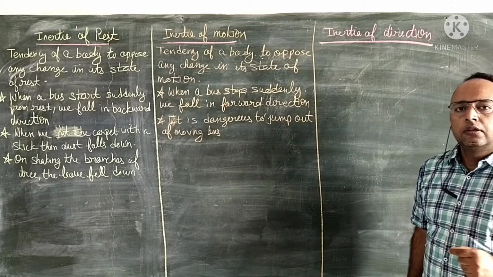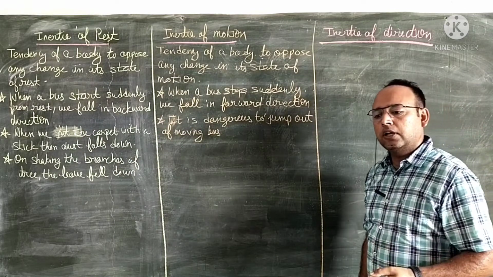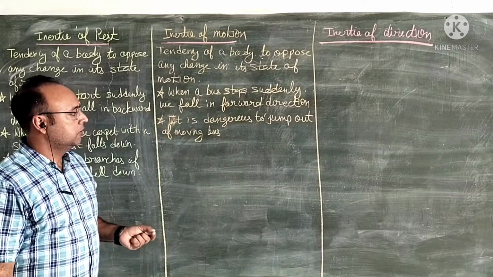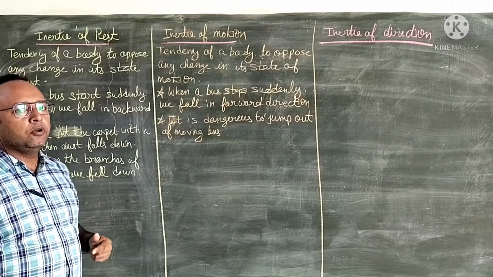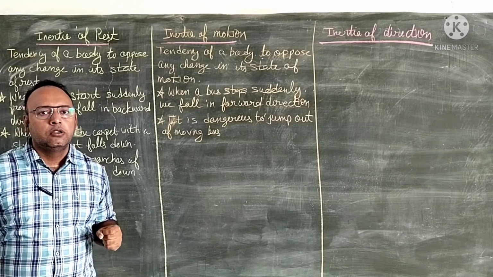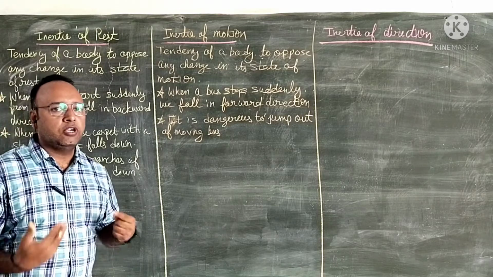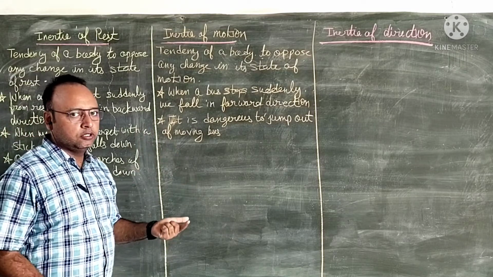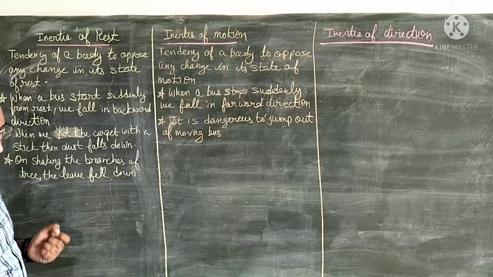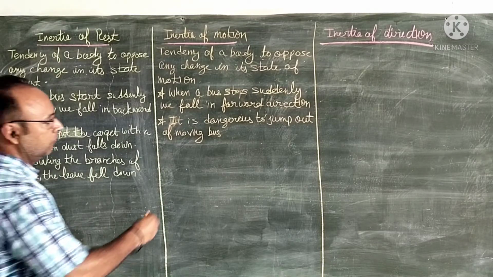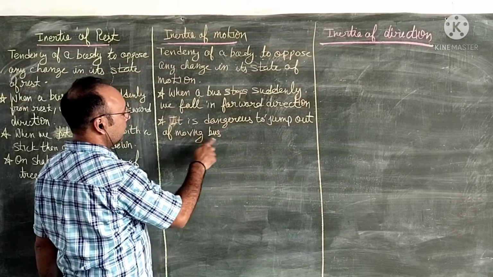Our feet are in direct contact with the land and they come to rest, but the upper portion of our body will try to remain in motion. That's why we fall forward, right? Our body is still in motion and hence we fall down.